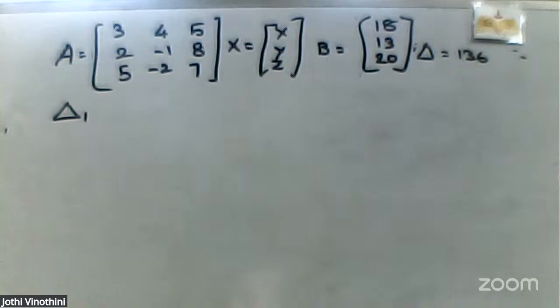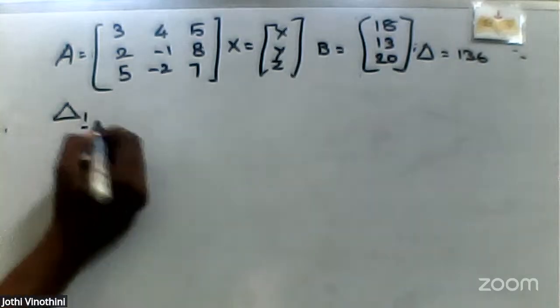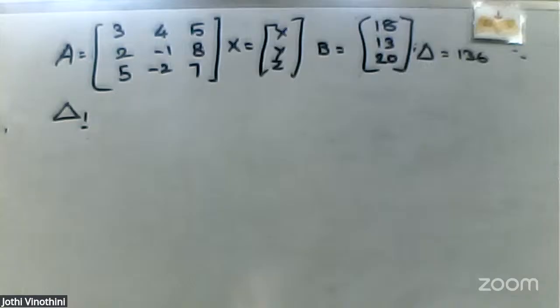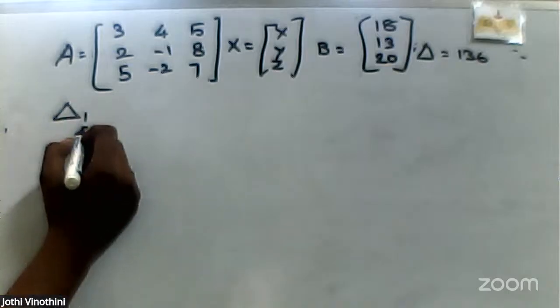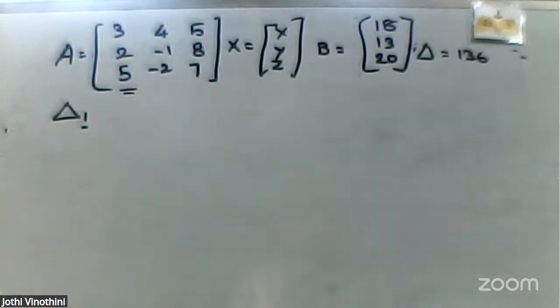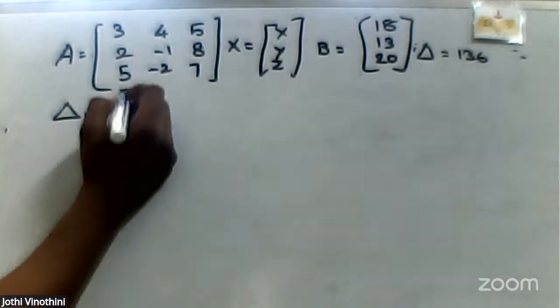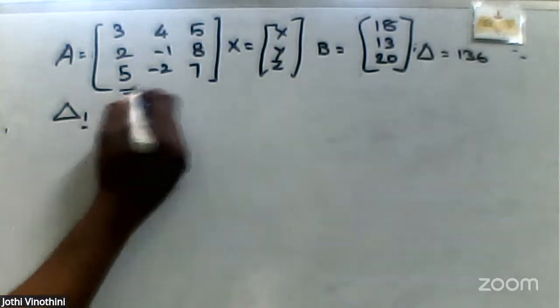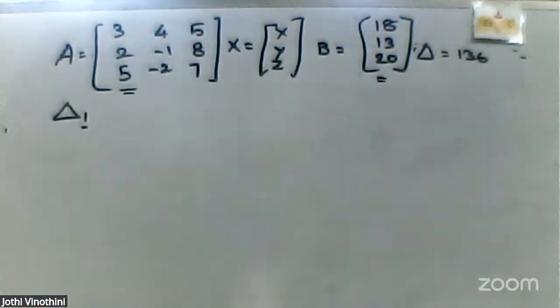What is del 1? Del 1 is also a determinant of the same matrix as del, but we are going to replace column 1 with some other elements, right? So now we are going to replace the column 1 elements with matrix B, right?